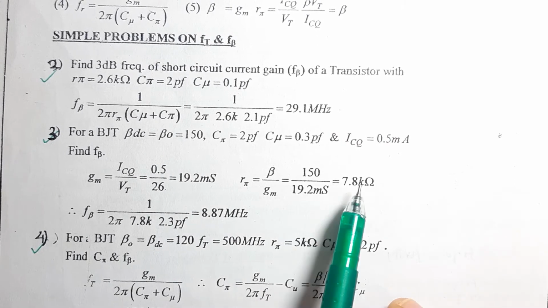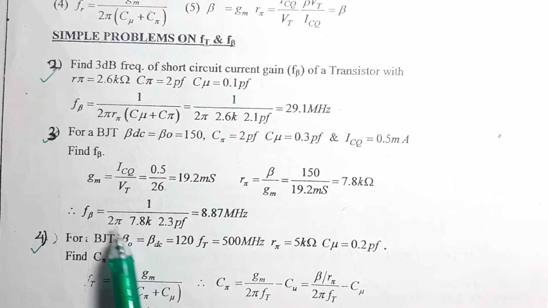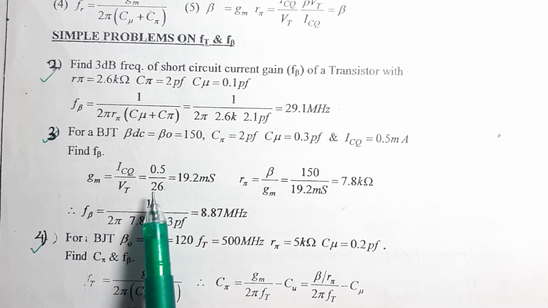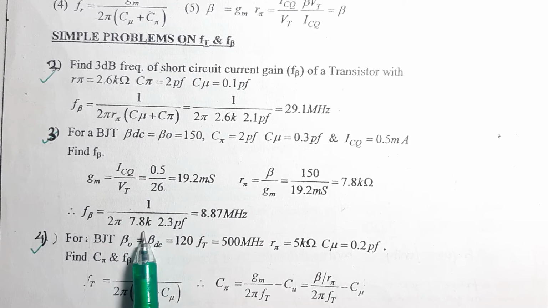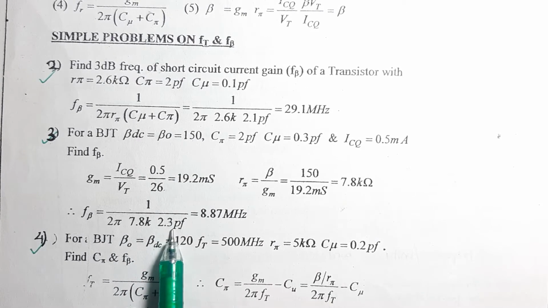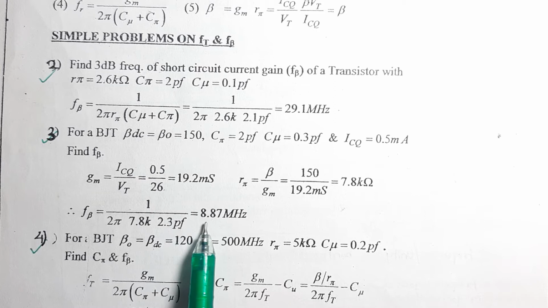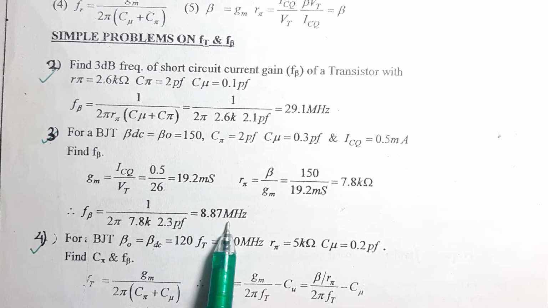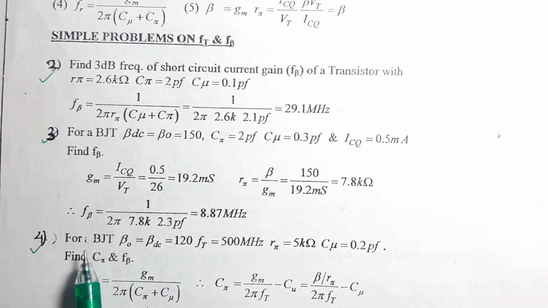Substituting the value of r pi, we get f beta is equal to 1 upon 2 pi into 7.8 kilo into 2.3 picofarad, which is equal to 8.87 megahertz.